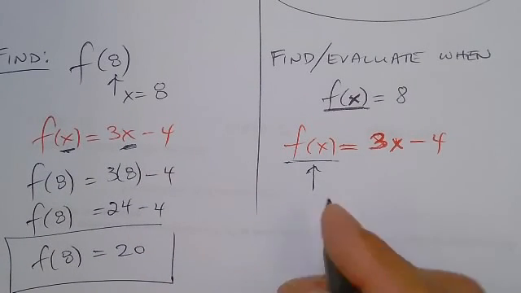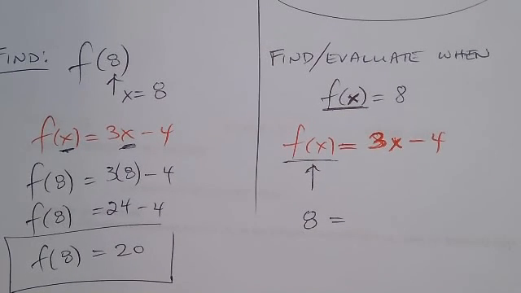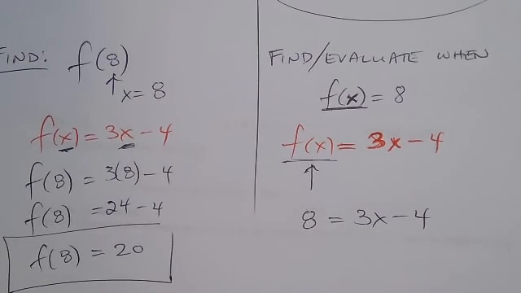This one says that f of x is 8. Where do you see here that it says f of x? This part right here is f of x. What number do I put on this side? 8 is equal to. You see the difference?